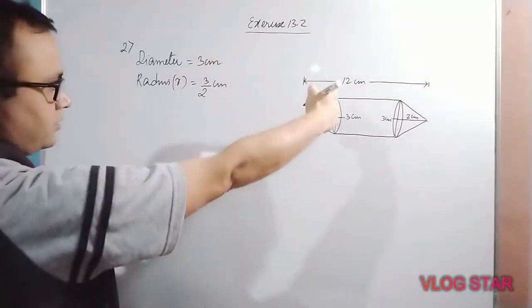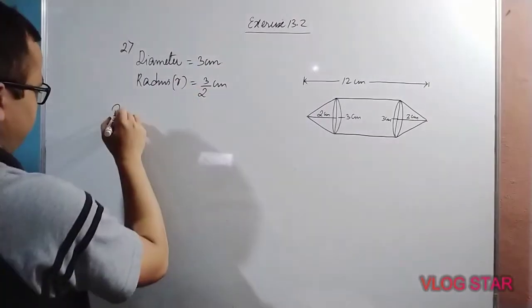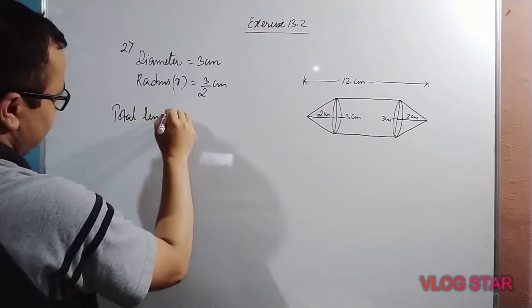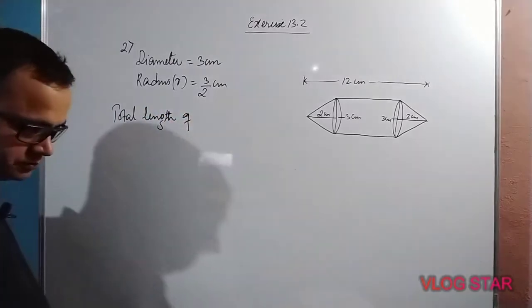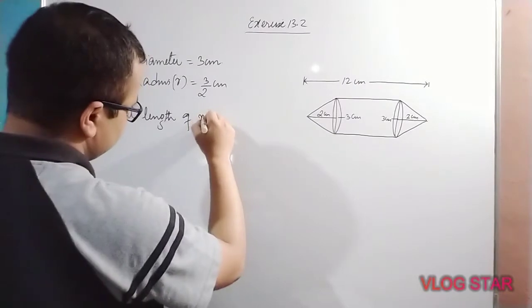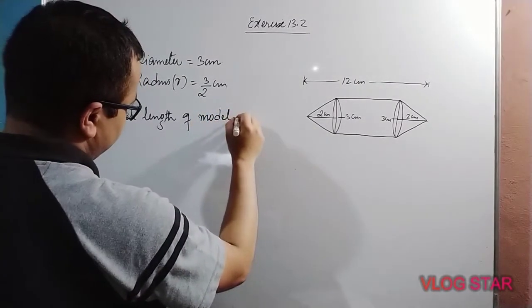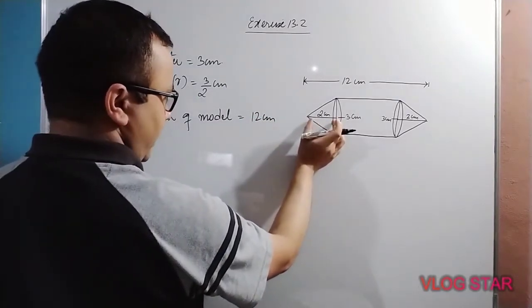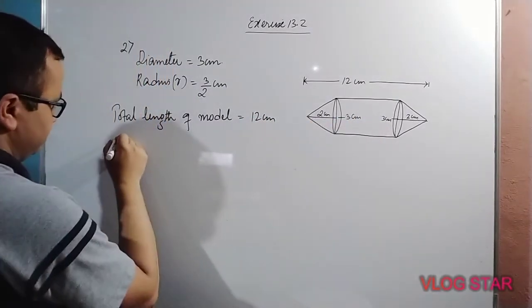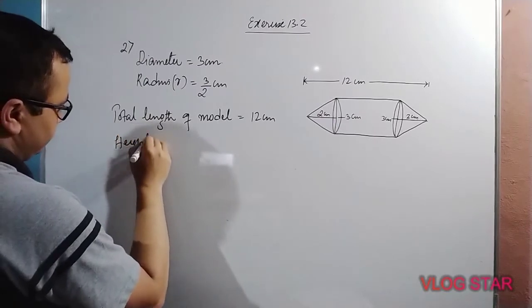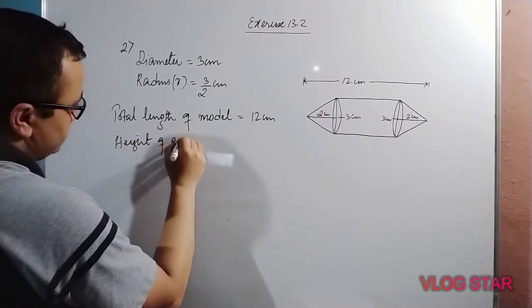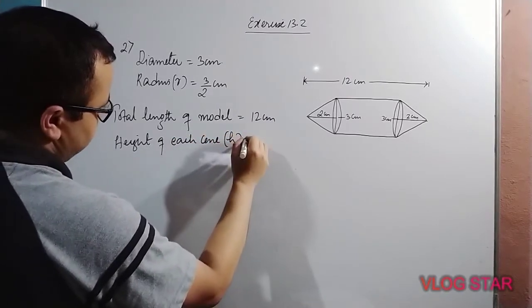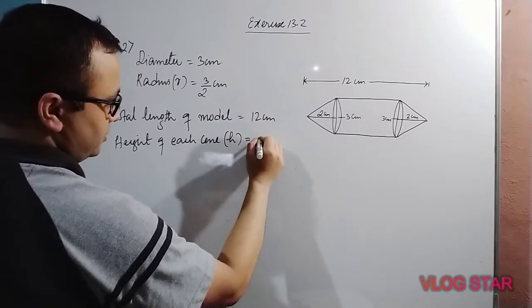The total length of the model is 12 centimeter, and the height of each cone, represented by small h, equals 2 centimeter.